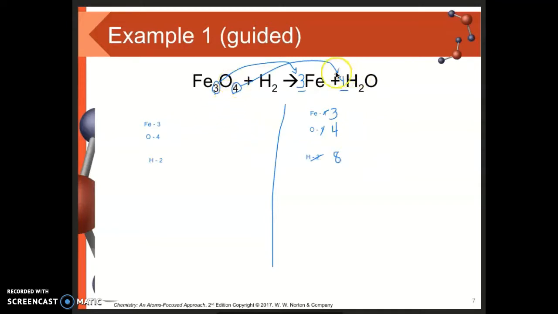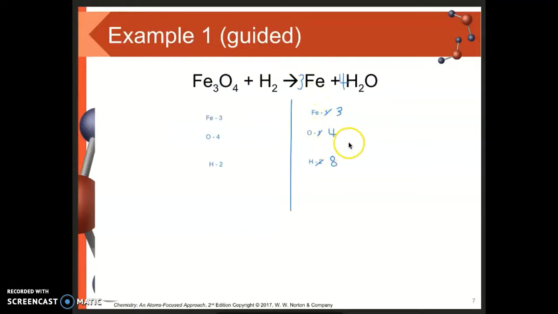So this subscript shift has balanced my iron and has balanced my oxygen, but has thrown the hydrogen out of balance. Luckily, pretty easy fix. All we need to do is put a coefficient of 4 in front of the hydrogen.